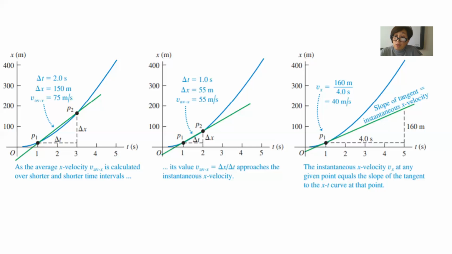In here, the first position, following the first position on the car, P1. This is the region I show you from 1 second to 5 seconds. Initial time is 1 second and final time is 5 seconds, so the time interval will be 4 seconds.